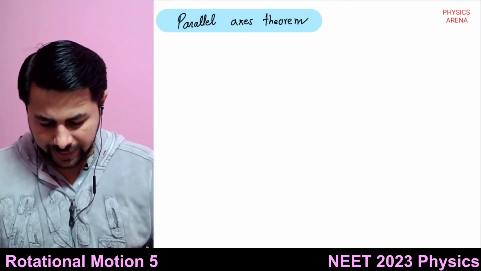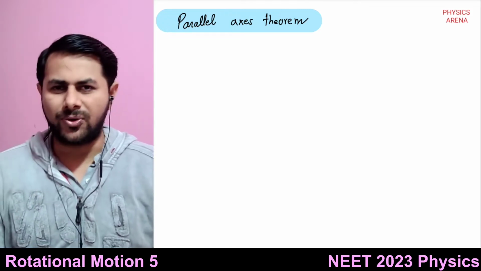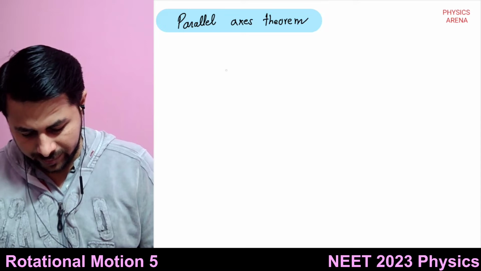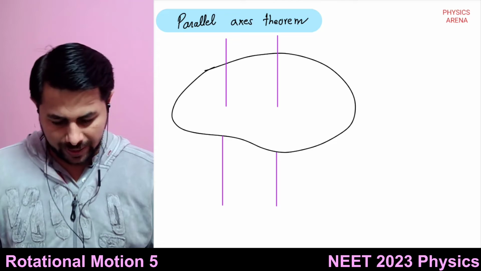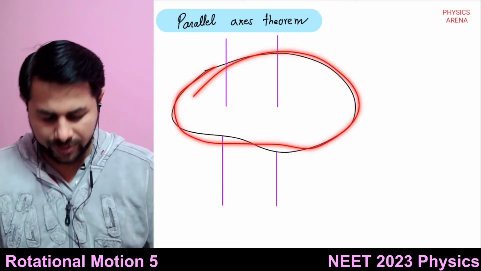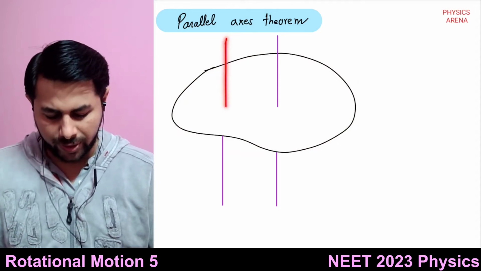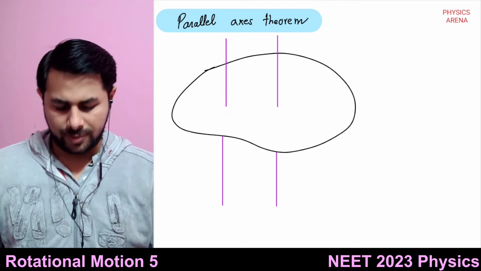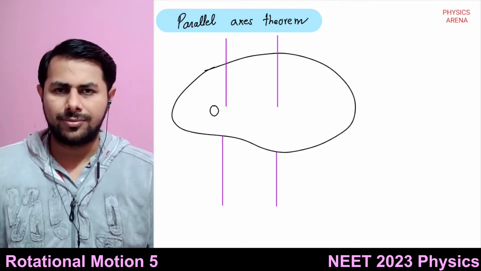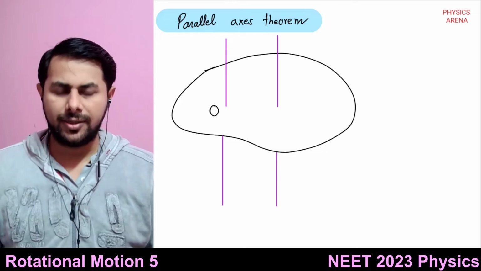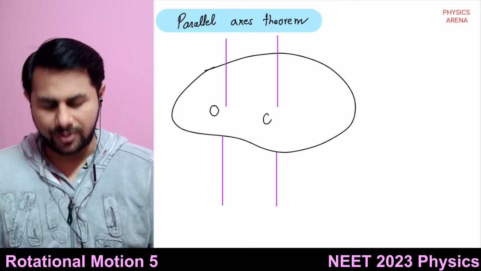Next, let's see the parallel axis theorem. This is applicable for all bodies. Let's suppose this is some body, and you know the moment of inertia of this body about this axis, which passes through some point, let's call it O. Then you have a parallel axis which passes through the center of mass of this body.